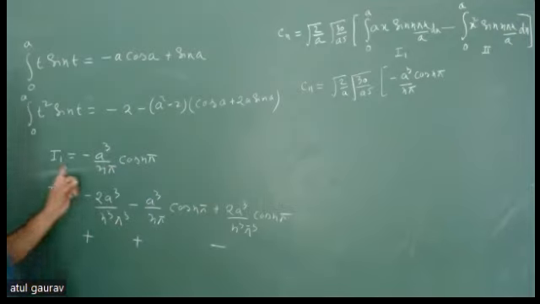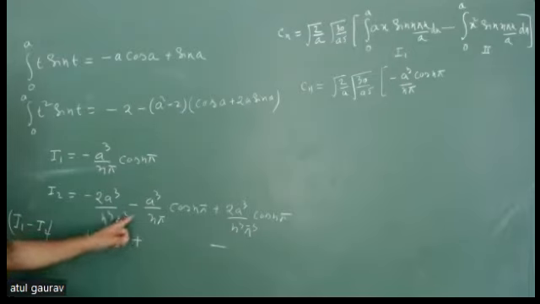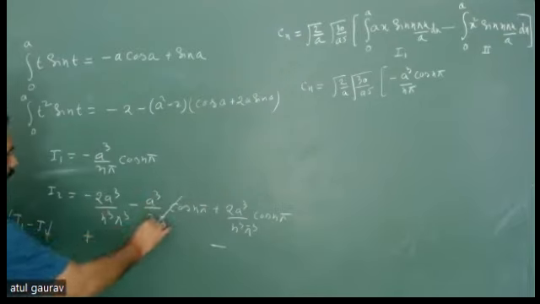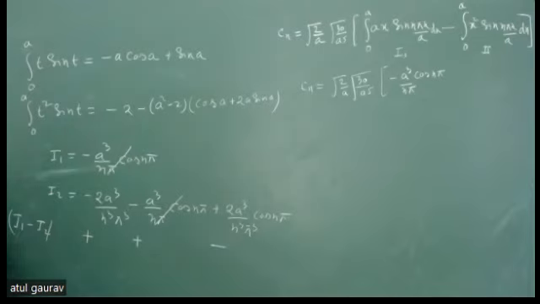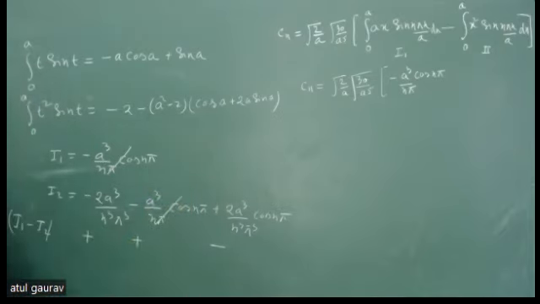If I am calculating I1 minus I2, then what will happen? This value will be plus, this value will be plus, and this value will be minus. So unnecessarily I am using the space there. So what will happen? This term and this term cancel out, isn't it? Yes. And 2a cube upon n cube pi cube we can take common. Yes, sir.